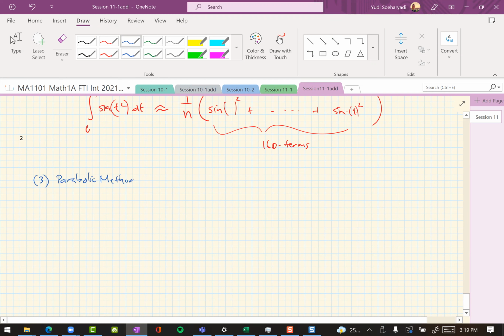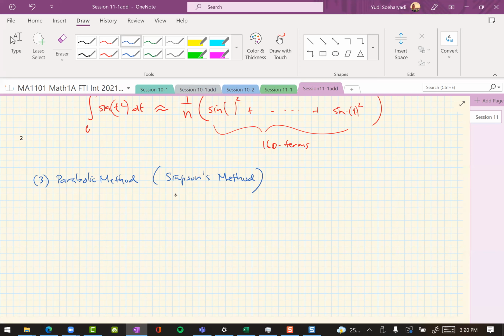Some say that this is Simpson's rule, Simpson's method. I'm sure this is not the same as Bart Simpson. Same name, but a really different history.